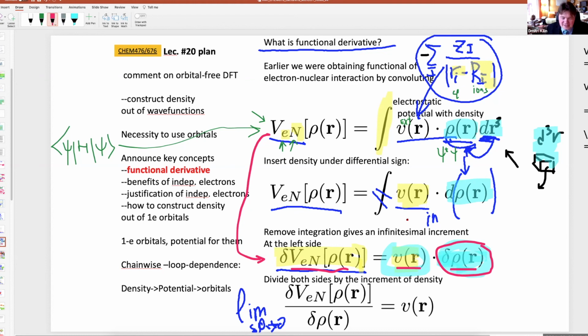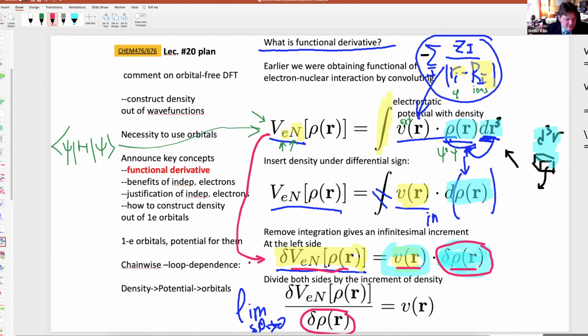Okay. And now there is one basic step which may make your mind boil. Let's divide the left and right side of this equation by the increment of density. Is it okay?